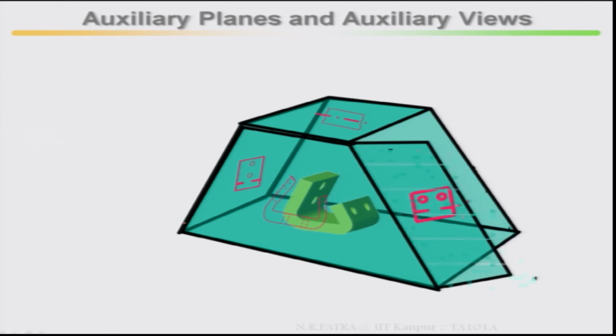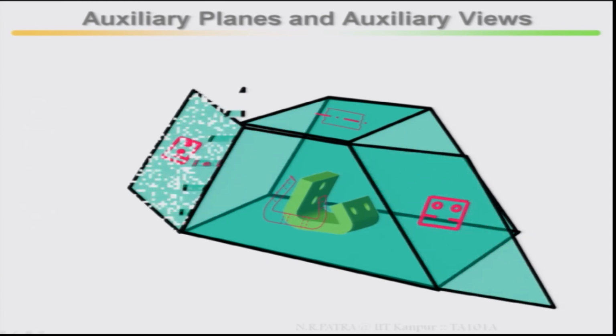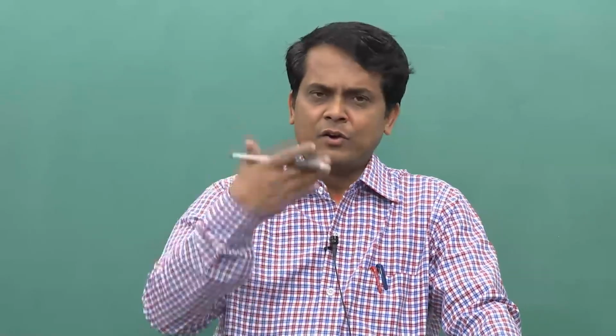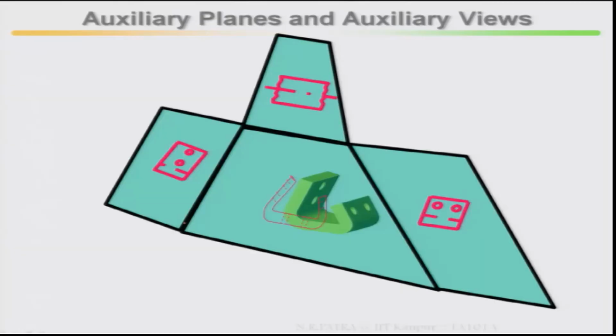Then I rotate it: right hand side view, left hand side view, front view and top view. All rotation has been made with respect to the front view. Front view is stationary, as I said earlier. Now you are getting all the views: front view, top view, right hand side view and left hand side view.